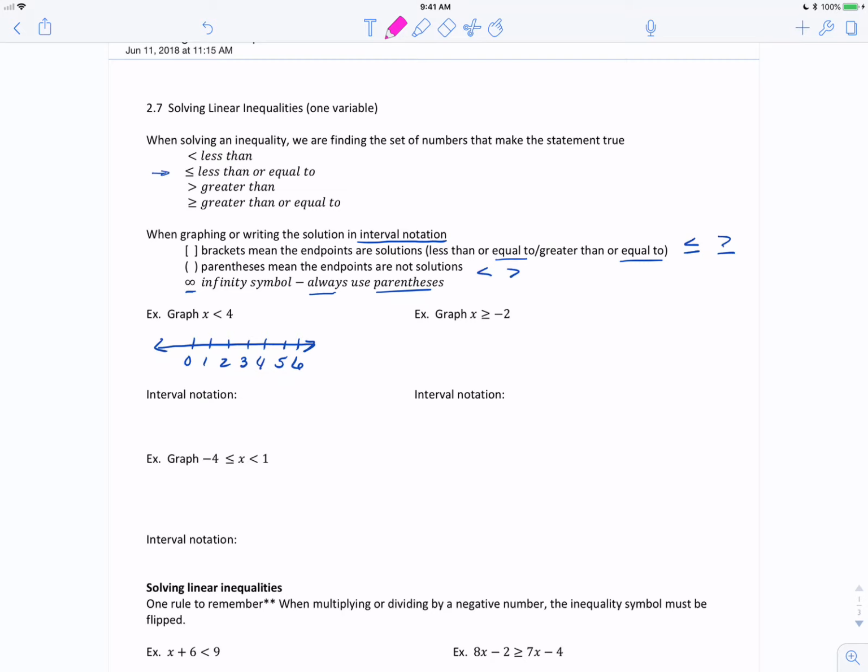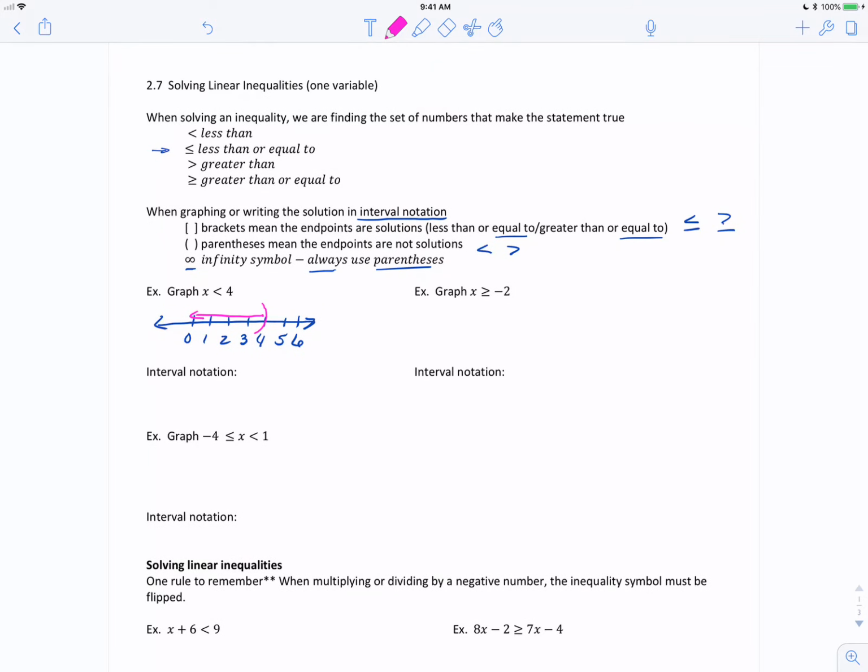It's not equal to 4. Notice it does not have that straight line underneath it, so it's not also equal to it. So that means it's a parenthesis here. And if it's less than 4, then we're going in this direction. And so that is it graphed on a number line, all numbers that are less than 4.